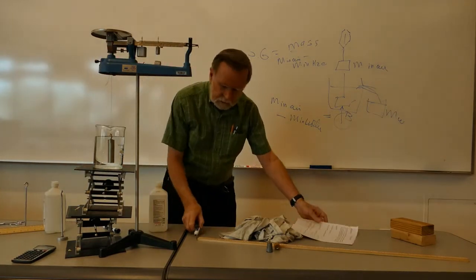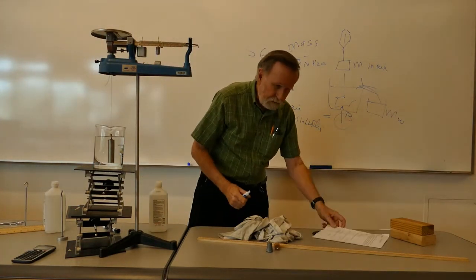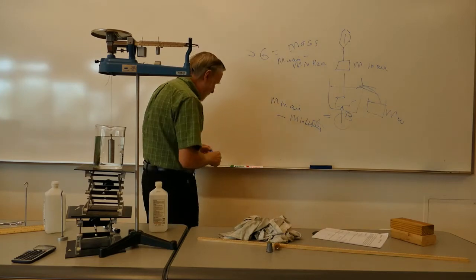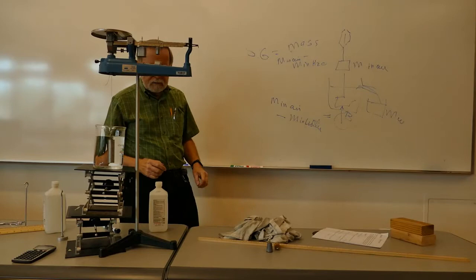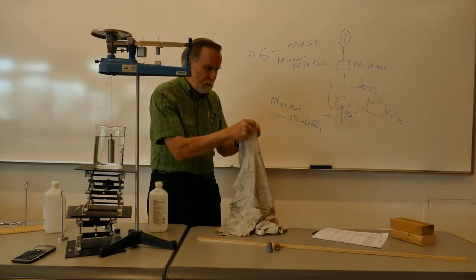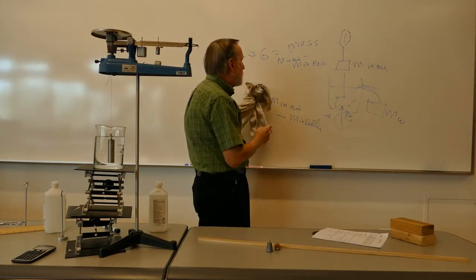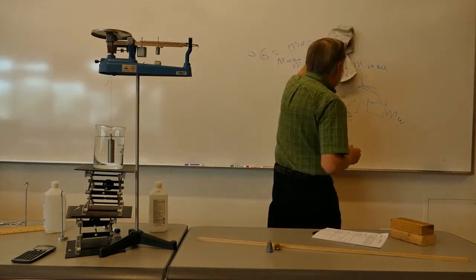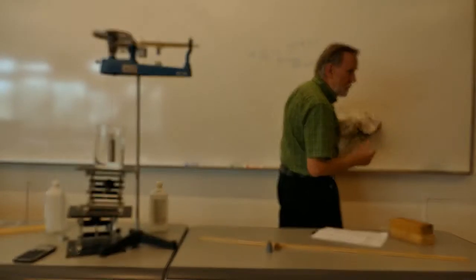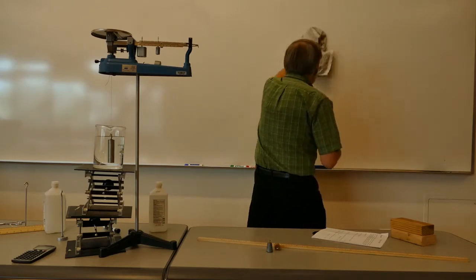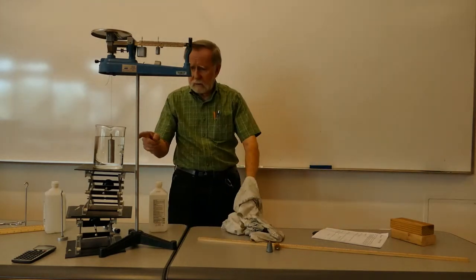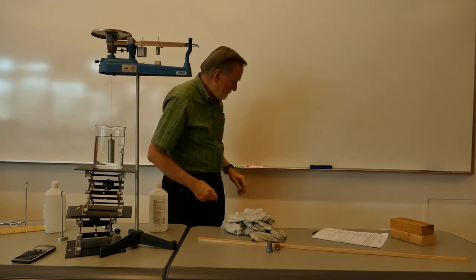So far so good. We've managed to use Archimedes' principle to measure the mass, or actually the specific gravity, of aluminum. But what if we wanted to measure the specific gravity of a liquid using this same method? Well, let's replace the water with rubbing alcohol.